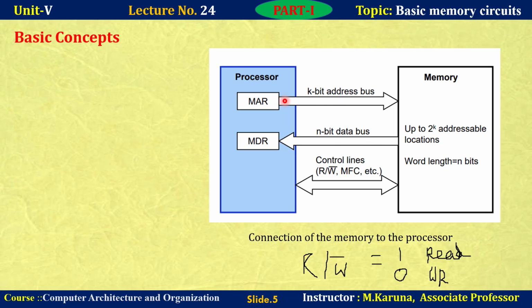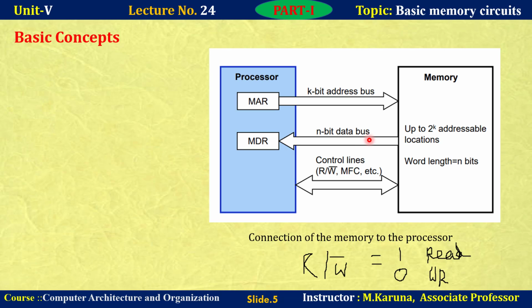Suppose the processor sends all K bits as zeros. Then the 0th memory location will be selected. At that address, whatever data is present will be loaded onto the n-bit data bus.